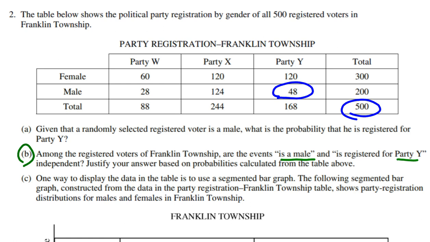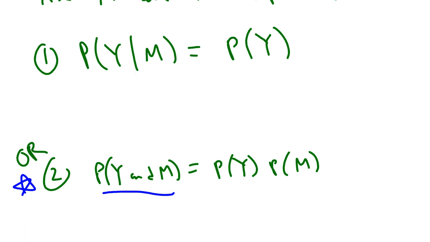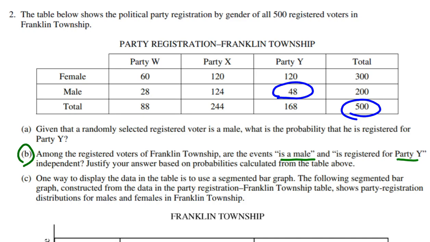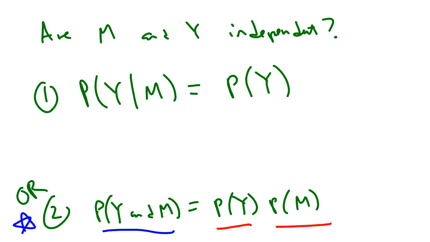So I'll put 48 over 500 down here. Then I need the probability of being in Party Y and the probability of just being male. Looking at the table, the probability of being Party Y is 168 out of 500, and the probability of being male is 200 out of 500.